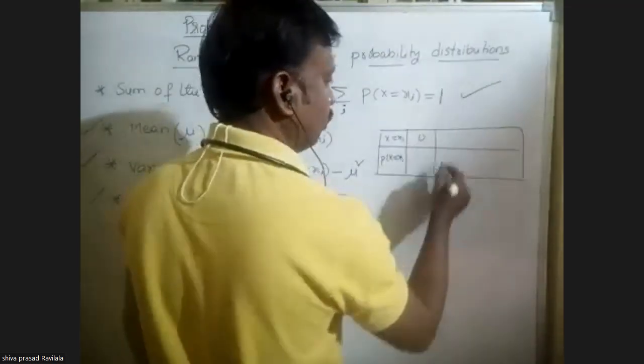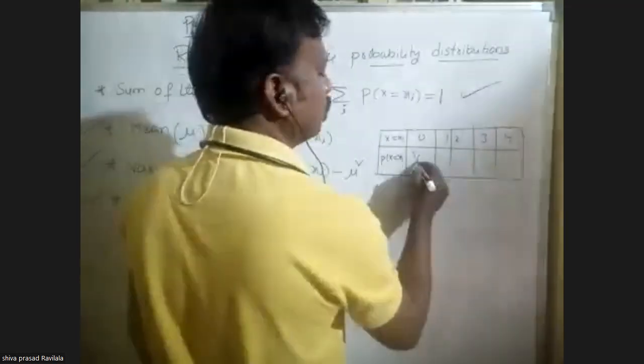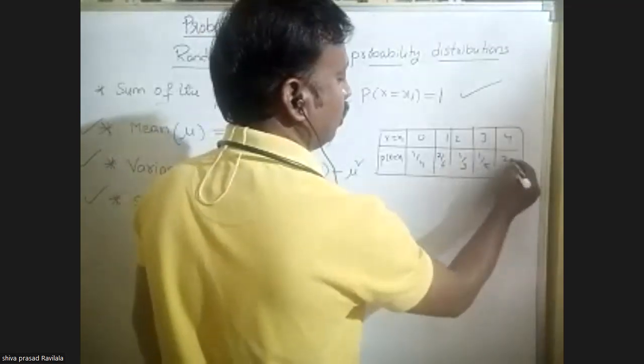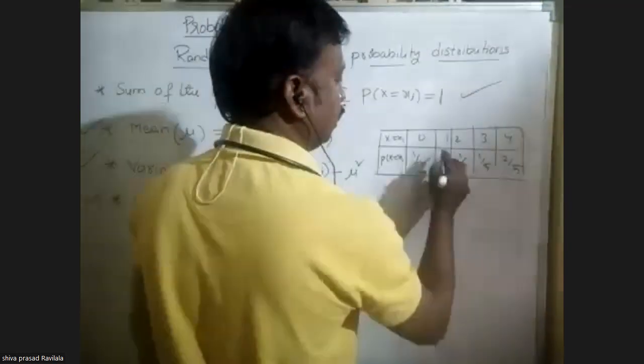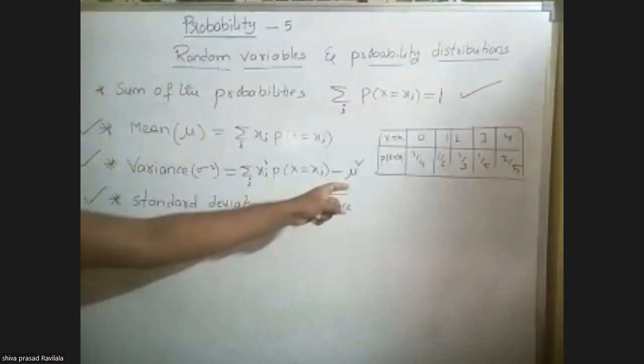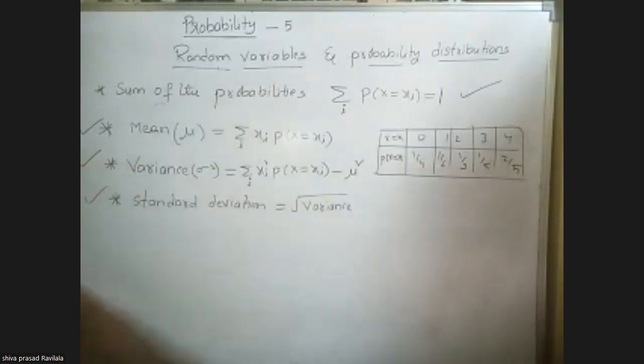They have given, for example, the range 0, 1, 2, 3, 4, and probabilities 1 by 4, 1 by 6, 1 by 3, 1 by 5, 2 by 5. We just apply all these formulas. Simple and easy questions, but they may give difficult calculation questions in this.